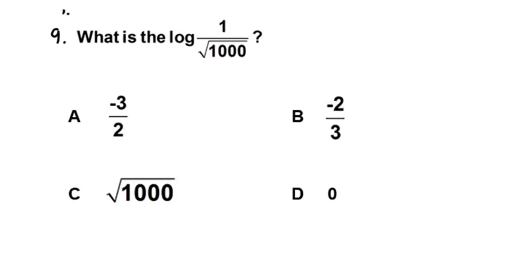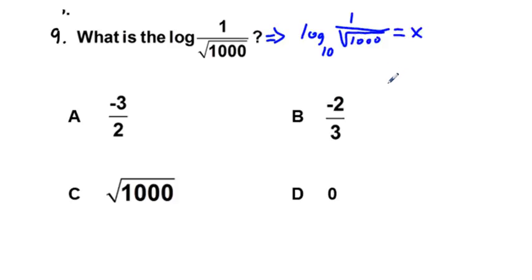Next problem, what is the logarithm of 1 over 10,000? And for this, basically what we're being asked here is log base 10 of 1 over square root of 1,000 is equal to x.